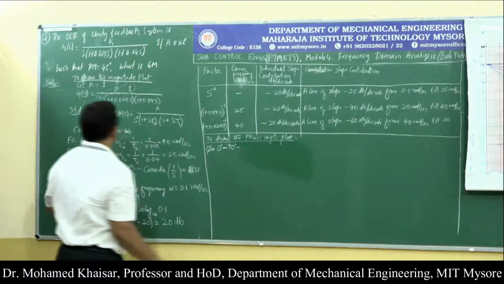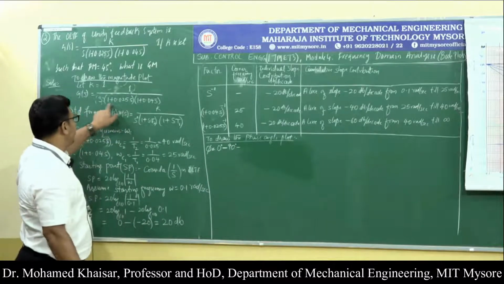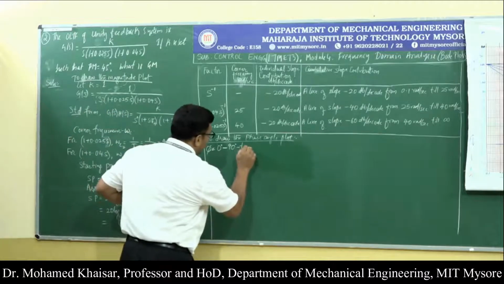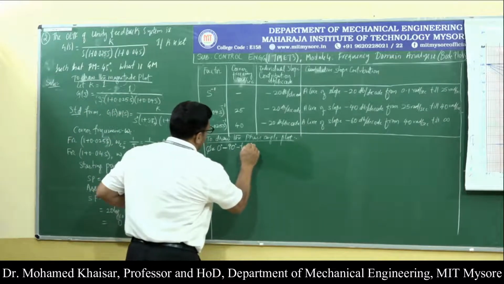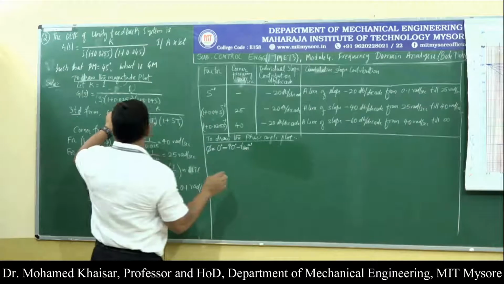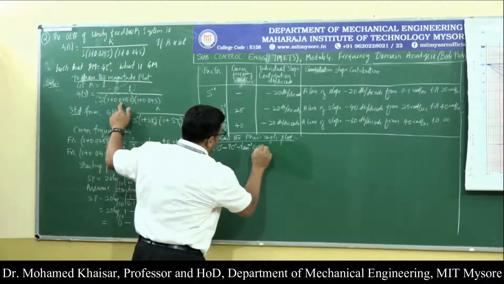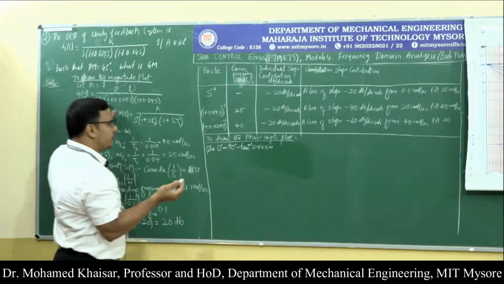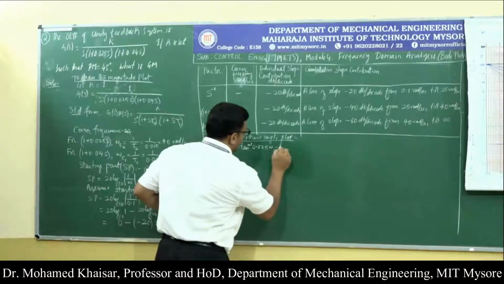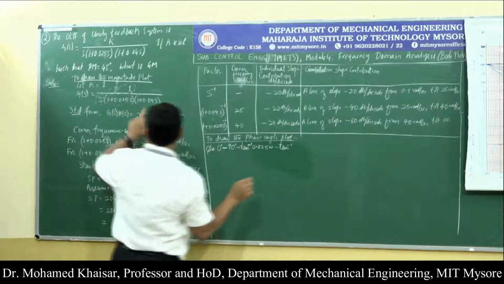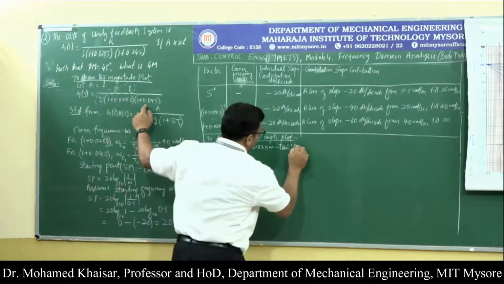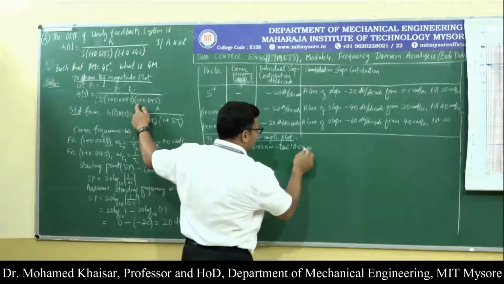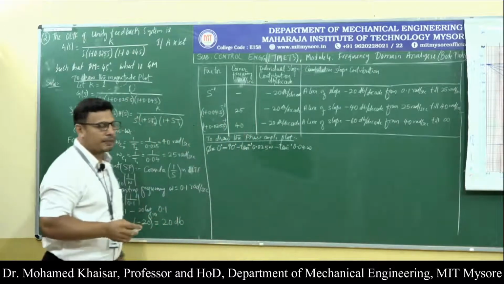So, minus tan inverse of, for this the phase angle will be tan inverse of 0.025 omega by 1, it will be 0.025 omega only, minus tan inverse of, for this term it will be 0.04 omega by 1 real part, it will be 0.04 omega only.